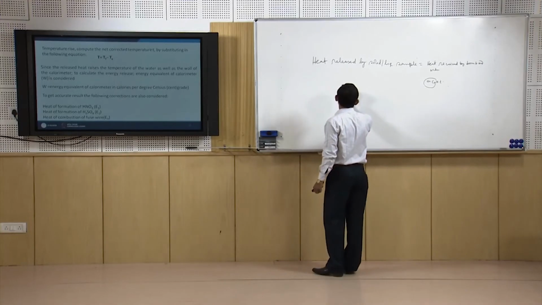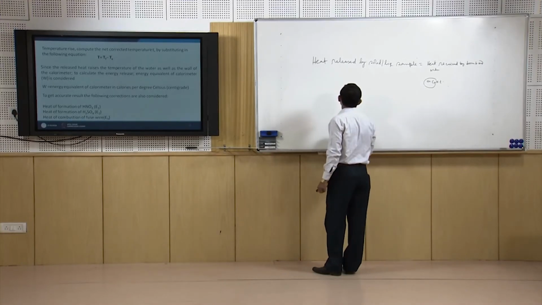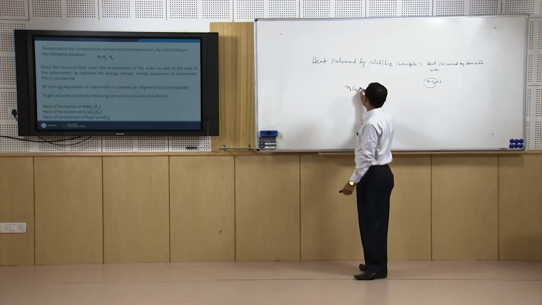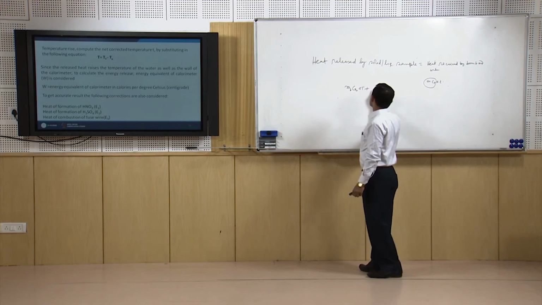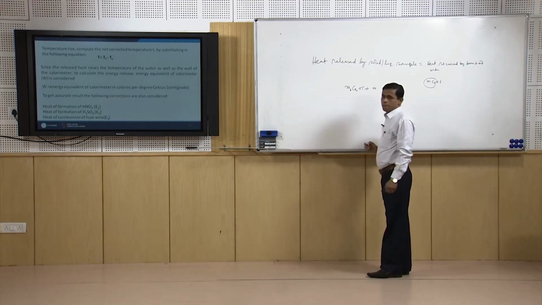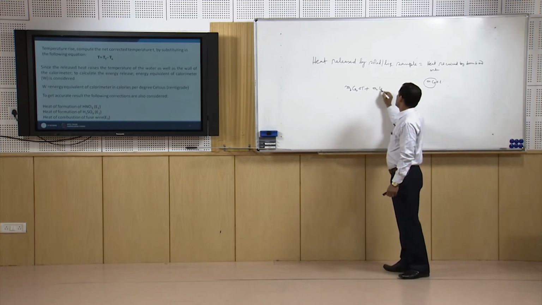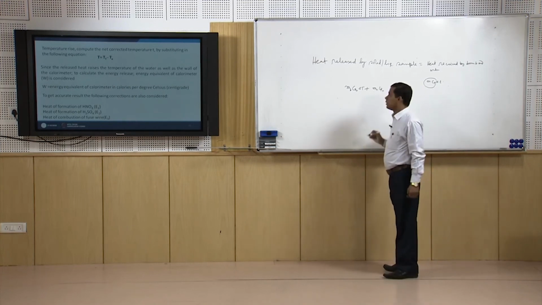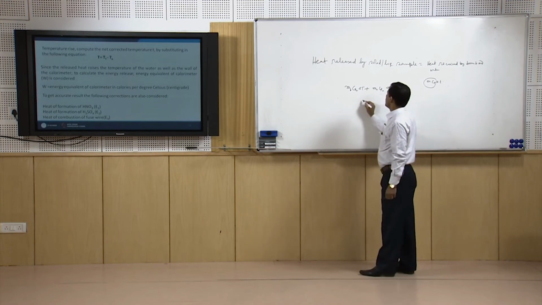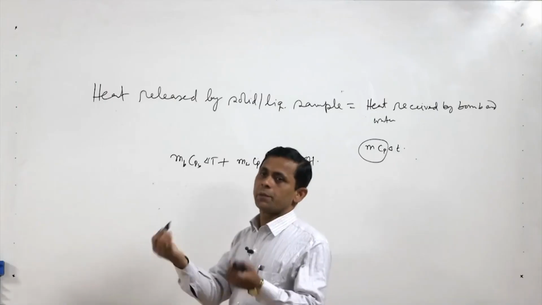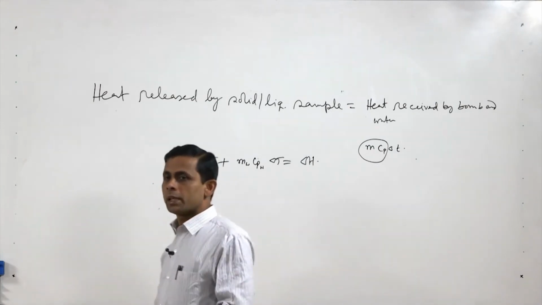We have m of the bomb into Cp of the bomb, mCp into del T, plus m of the water in the bucket, Cp of the water in the bucket into del T, that is equal to del H, which is received by the bomb and the water in the bucket.